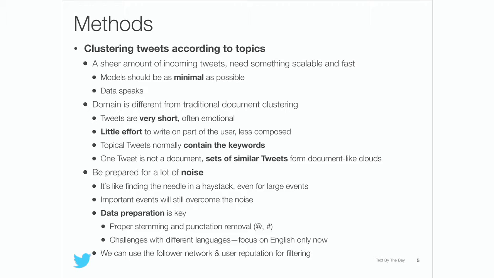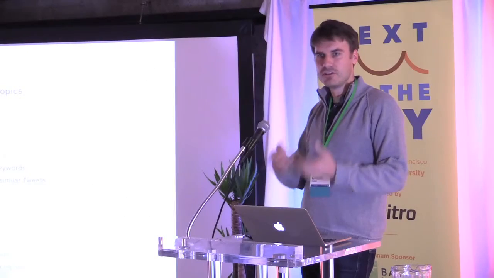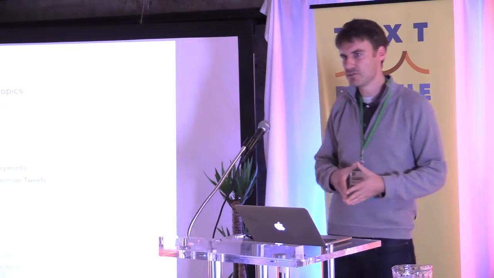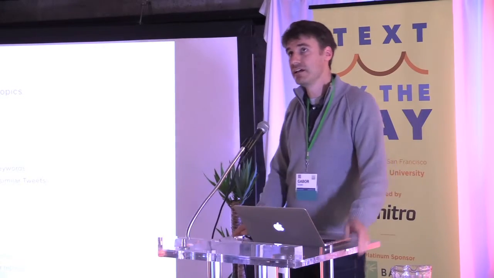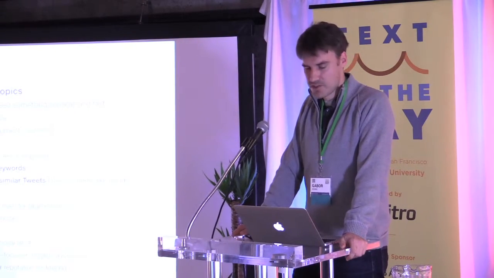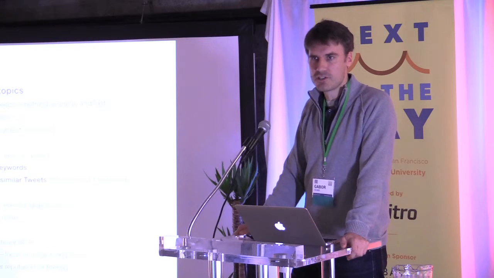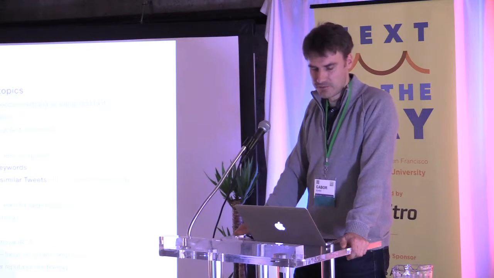Because tweets are very short, very emotional most of the time, and require very little effort on the part of the user to write, the words that express what the user is talking about don't always make sense. They are sometimes slang words. The sentences are not full and so on.